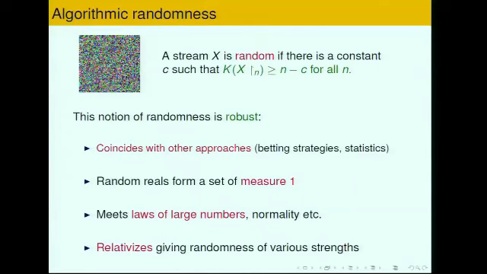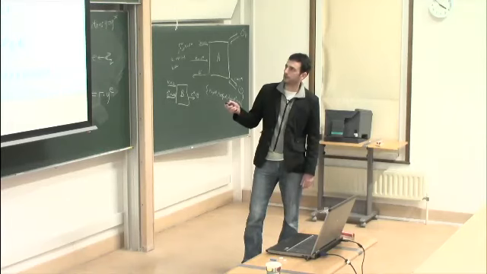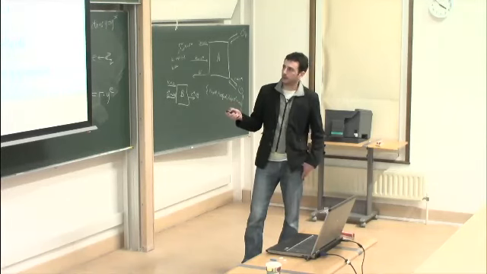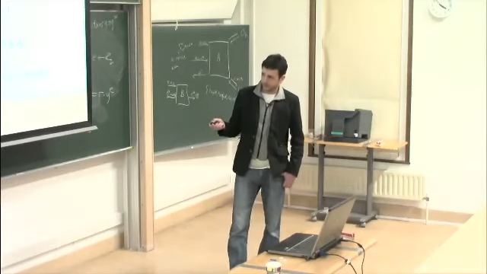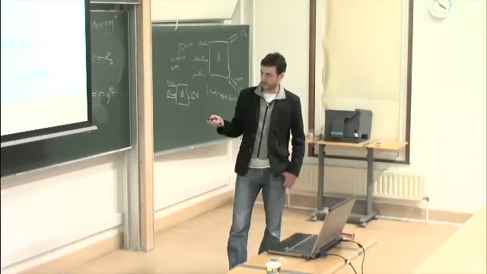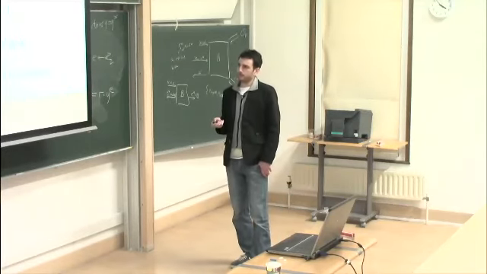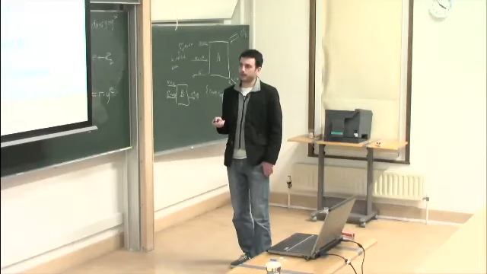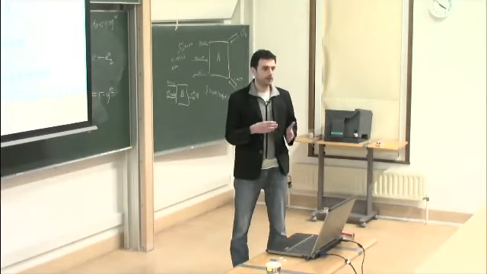For example, this, which is sometimes called Martin-Löf randomness, coincides with other approaches based on measure theory or martingales, betting strategies. The random reals form a set of measure 1 as expected. Most reals are typical. They meet various laws of large numbers, normality, and so on. And as I said, they are easily relativizable, so that we can say a real is random relative to another real.